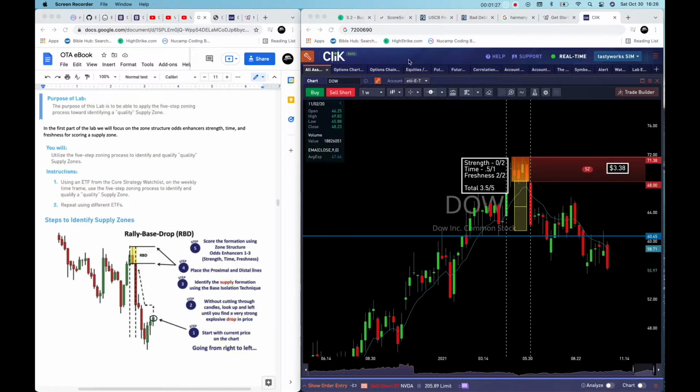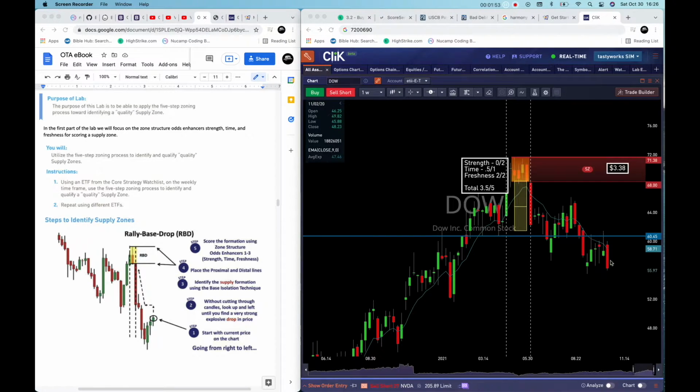All right. We also want to make sure that we identify the supply formation using the base isolation technique, which is a 3-step process. Once we've done so, we place the proximal and distal lines, and then we can begin scoring the zone formation using our zone structure odds enhancers, strength, time, and freshness.